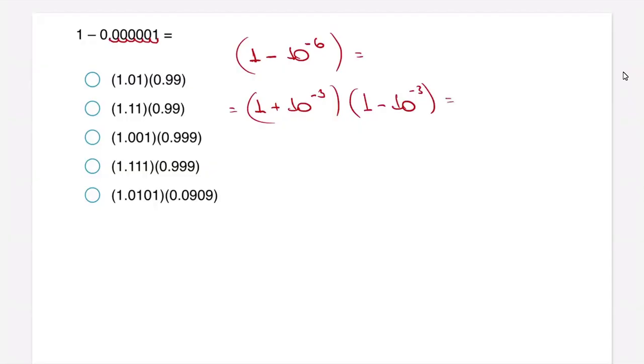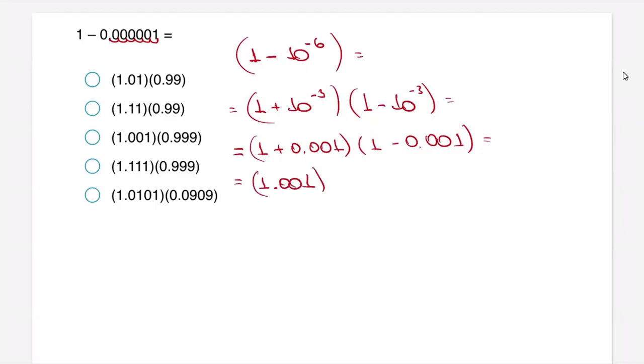Okay. So 1 plus 0.001 is 1.001, and you can already choose this one. Okay?